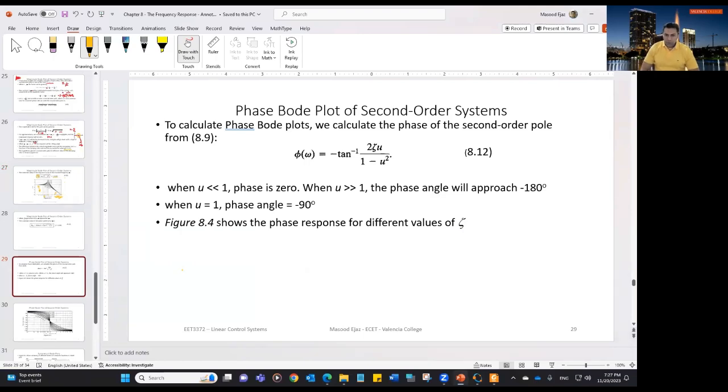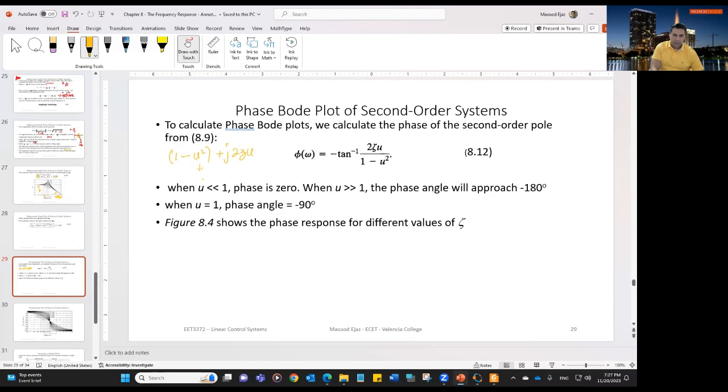If you're doing the phase Bode plot of a second order system, then we can write down the equation for phase using negative tangent inverse of 2 zeta u over 1 minus u squared. Remember, our equation was 1 minus u squared plus j 2 zeta u.